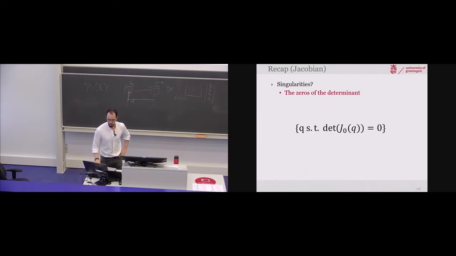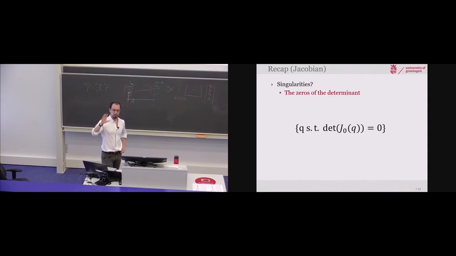Now, how to compute the singularities associated to a robotic arm? Well, the singularities are basically when a certain configuration of the joints, so a certain Q, makes the determinant of the Jacobian equal to 0, okay?